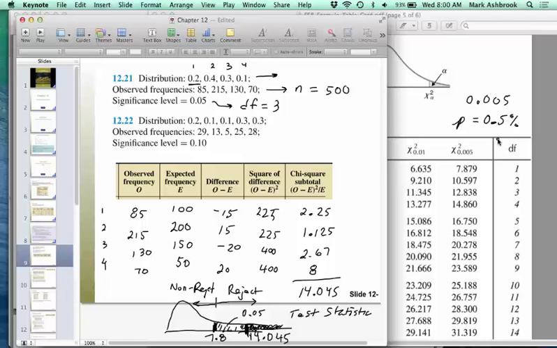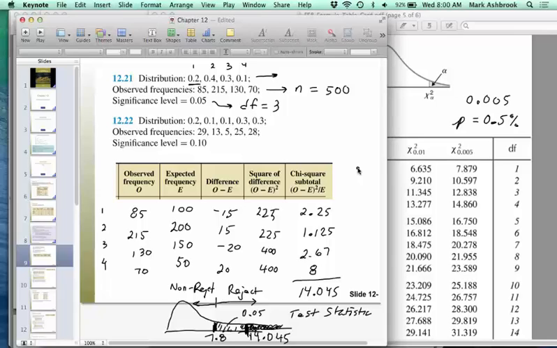So we can be very, very confident that we've rejected correctly here, because less than half a percent of the time would we make a type 1 error, meaning we rejected and we shouldn't have. Any questions on this example?